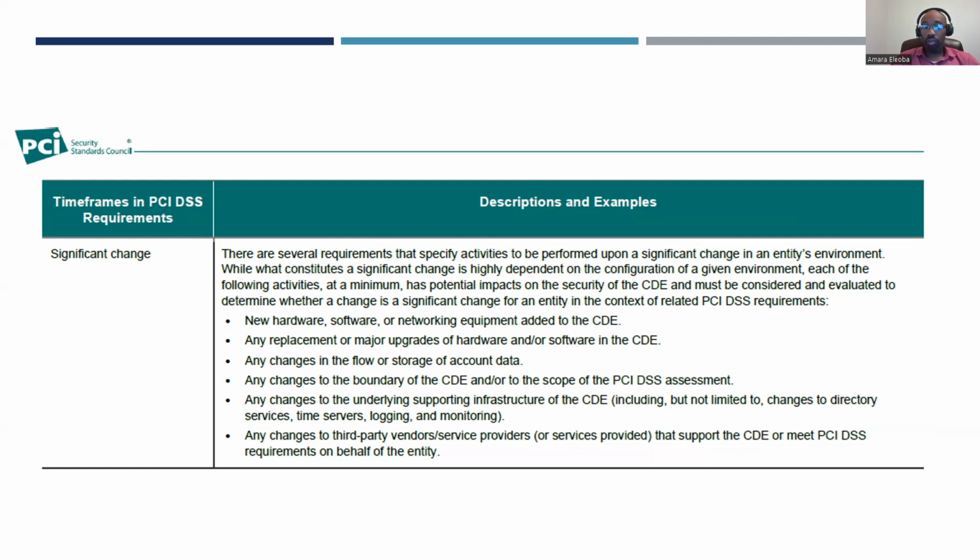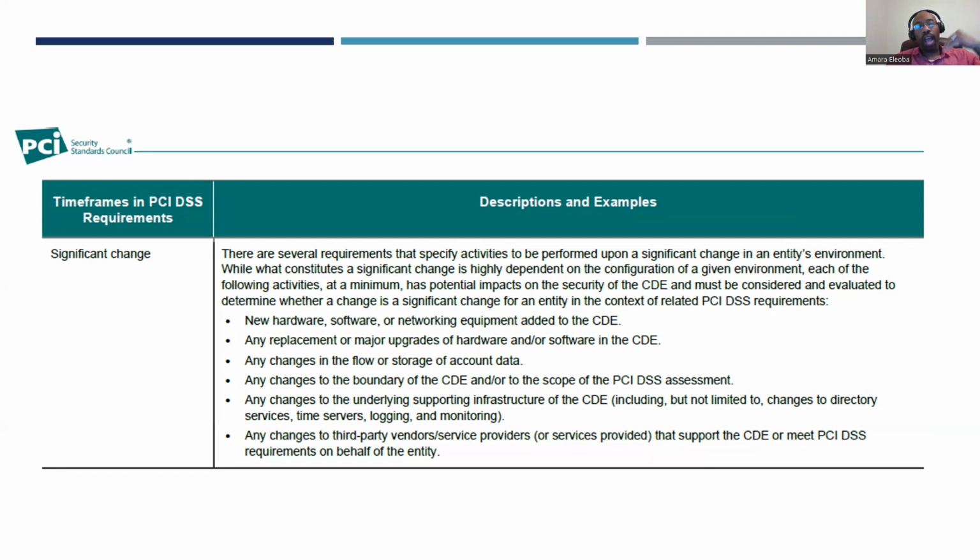Or any change to the flow of the account data, or any change to the boundaries of the CDE. Any change to the underlying supporting infrastructure of the CDE. Any change to your vendor that is supporting the CDE or any function within your CDE.